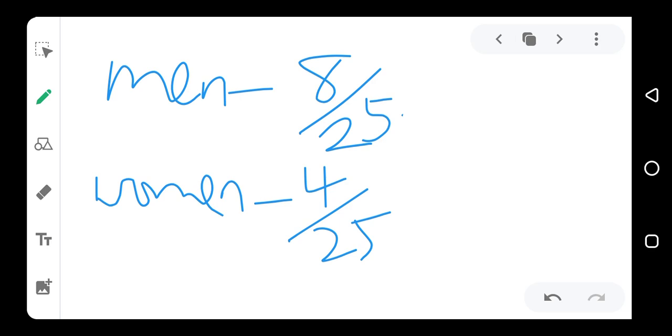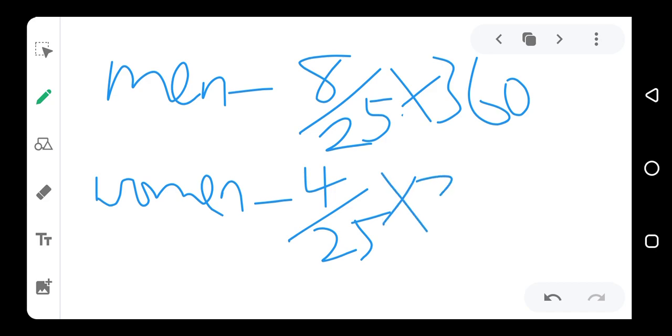Now the next thing for us to do is to multiply each of the ratios by 360. For men, we multiply it by 360. For women, we multiply it by 360.